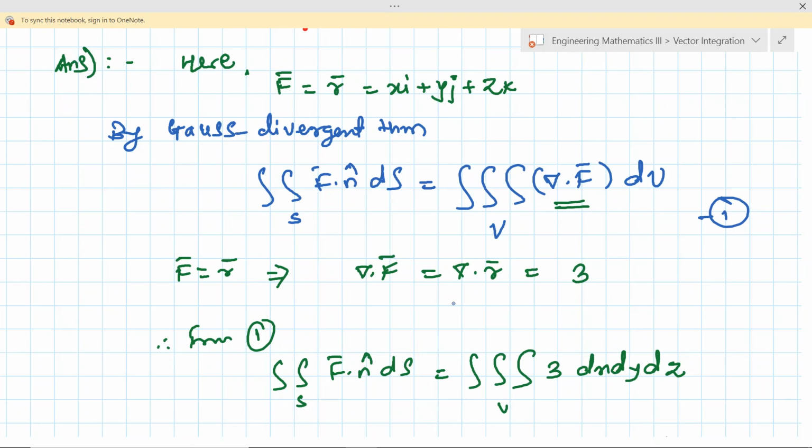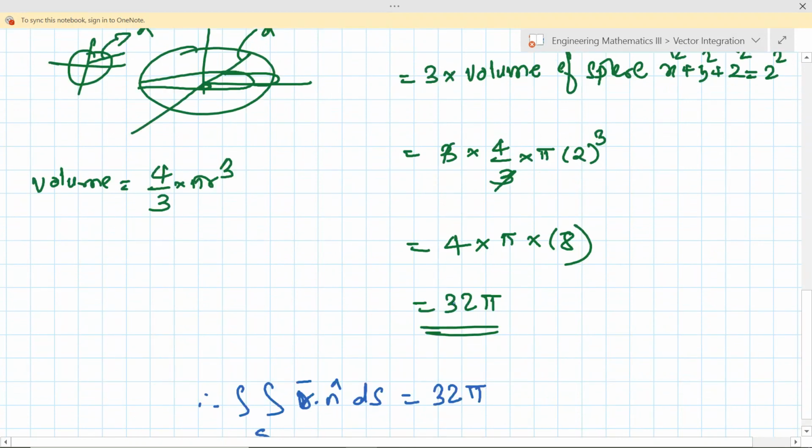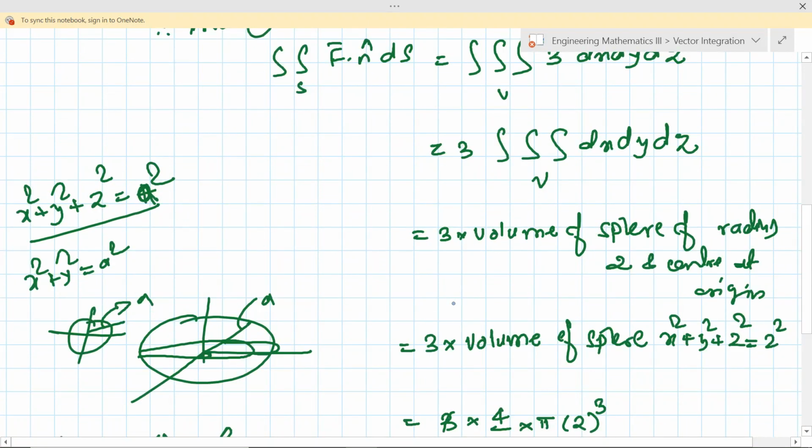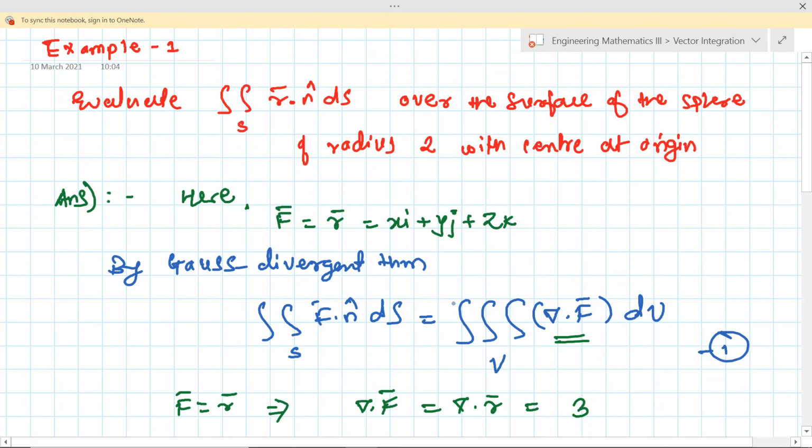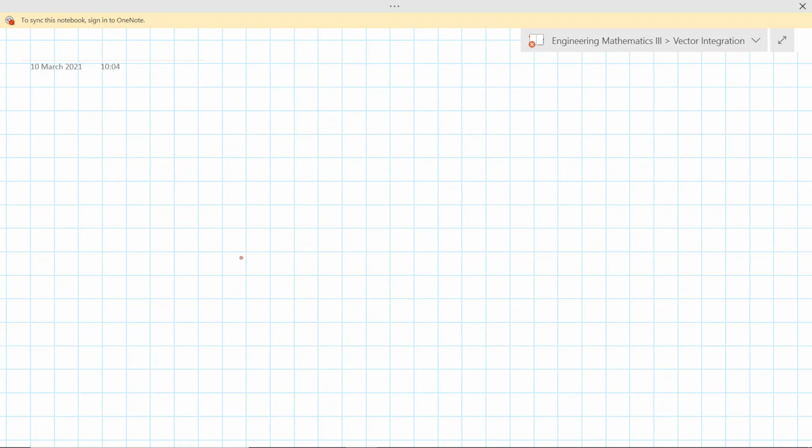We can easily find f bar, as it is given in the example, and simply find del dot f bar, and with the help of that this integral is reduced to the volume enclosed by the given closed surface. Okay, so this is about the first example. Now let us move to the second example. It is the same example as before, just our f bar is different. So example 2. Let us see how it is.